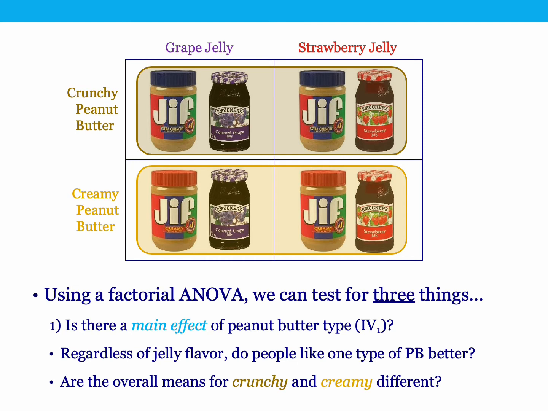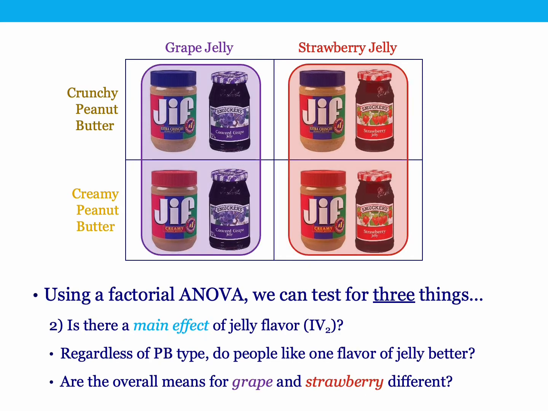So regardless of the type of jelly, whether it's grape or strawberry, do people prefer crunchy peanut butter or creamy peanut butter? And another way of thinking about this, if we look at our table, are the overall means for crunchy and creamy peanut butter different? If we were to completely ignore that jelly independent variable, would the levels of deliciousness for crunchy versus creamy peanut butter differ?